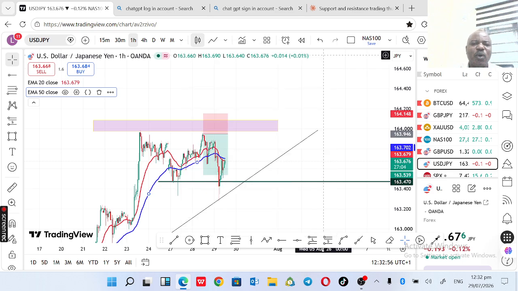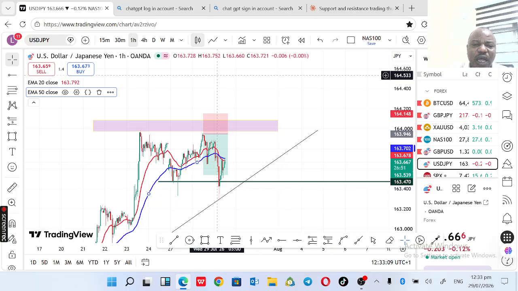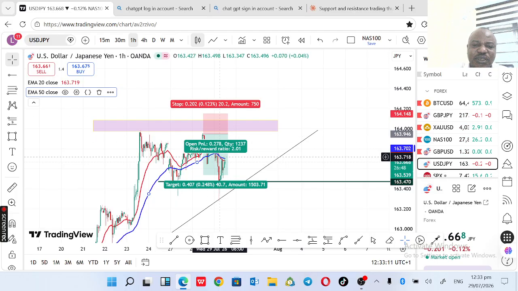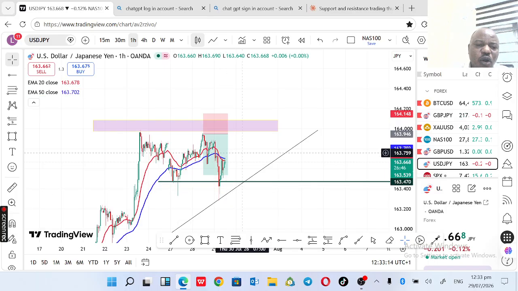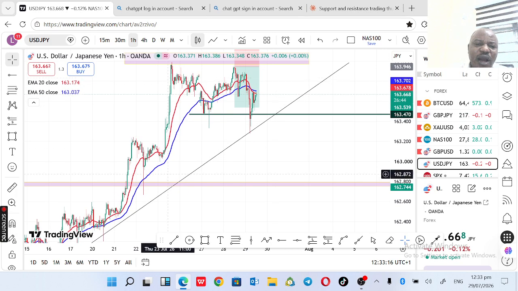Now that means that whenever the 20, that is the smaller one, goes above the other one, it's going to give me an uptrend, and when it goes below, a downtrend where I will be expecting a sell. So now look at this. The red has crossed this, it gives me a sell. So what we normally do is that whenever you have this red and the blue, you look at this, this is the support. The support shows that whenever the market gets to this blue and the red, it keeps going up.